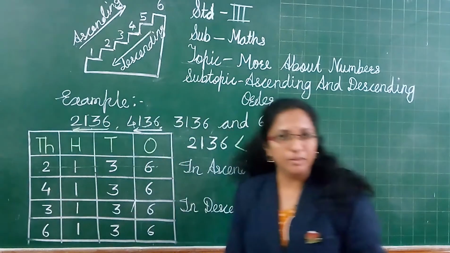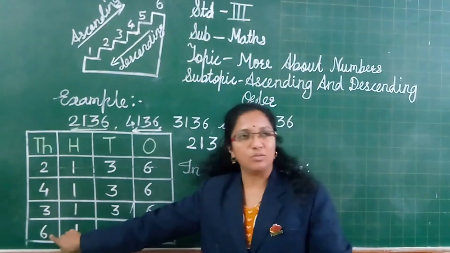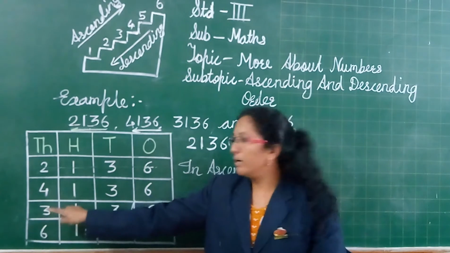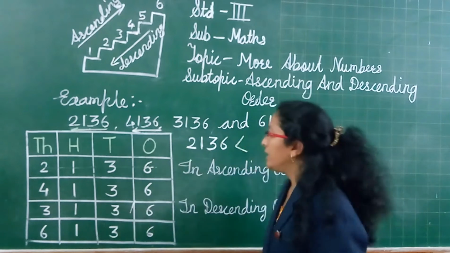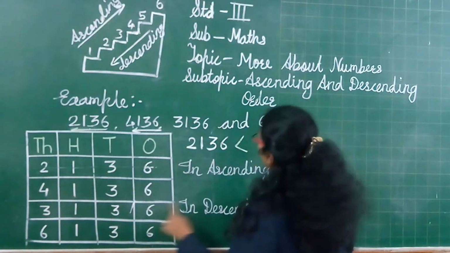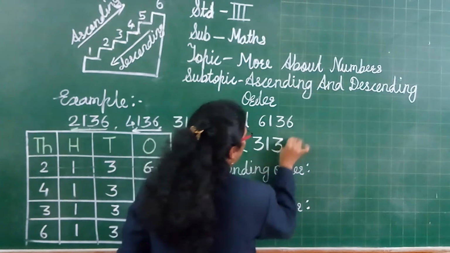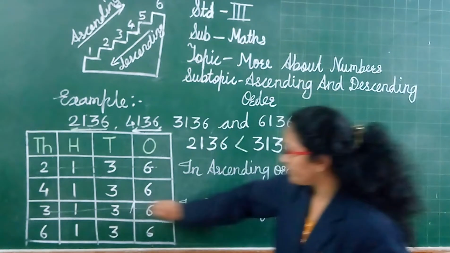Now we compare the remaining three numbers. See here, 4,000, 3,000 and 6,000. Which one is smallest? 3,000 is smaller than 4,000 and 6,000. So we write here 3,136. After that, this one also finishes.